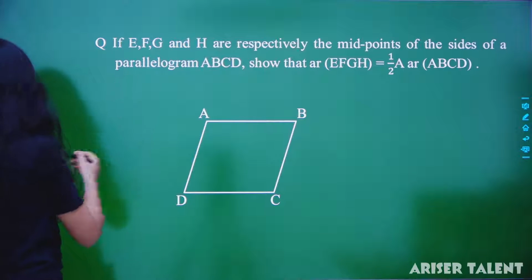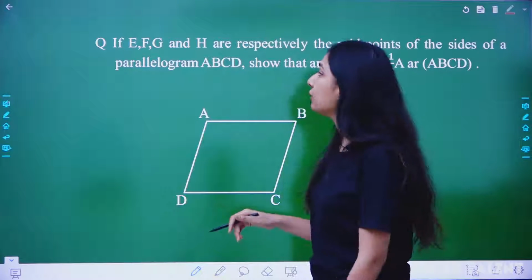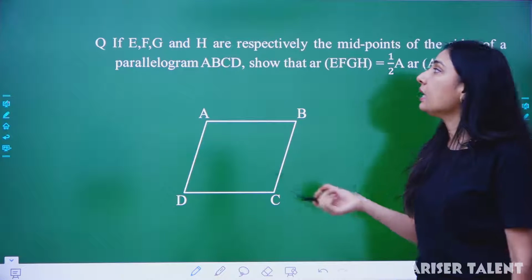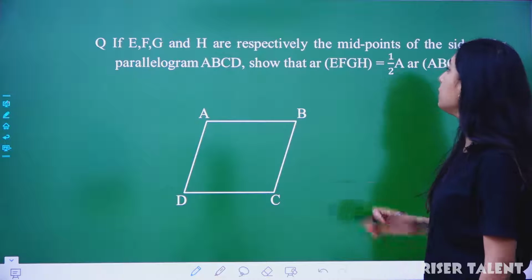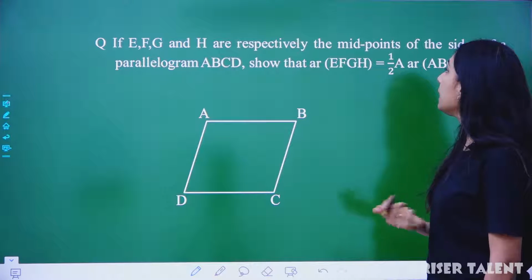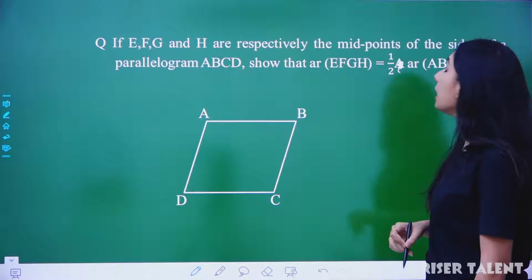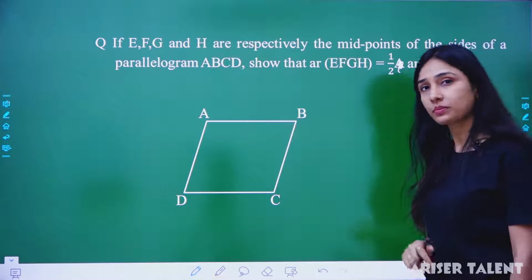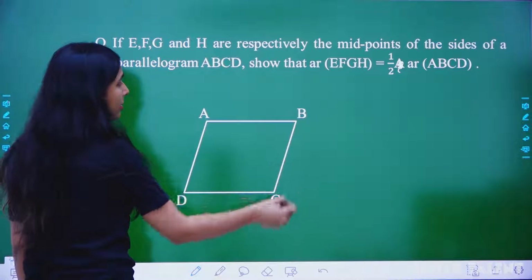Now, we have the next question that we will see in our next lecture. The question is: if E, F, G and H are respectively the midpoints of the sides of a parallelogram ABCD, show that area EFGH is equal to half the area of ABCD.